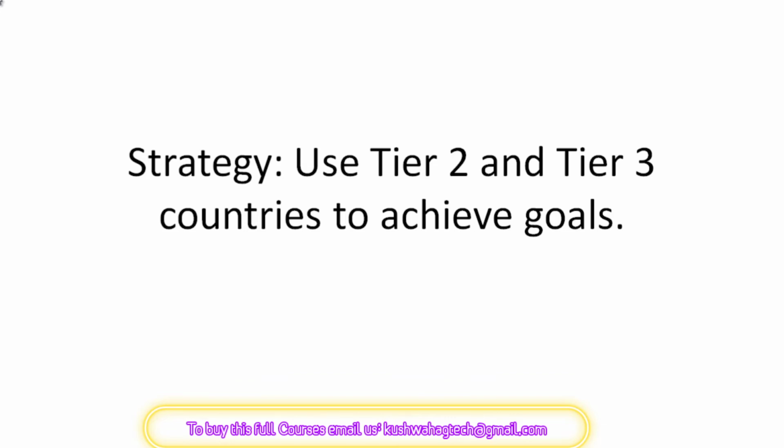Now, what do I mean by that? Tier 3 are third world countries like Bangladesh and a lot of other ones. We'll list them out just so you can see them. Tier 2 countries are countries that are having economic growth, but it's just not tier 1.